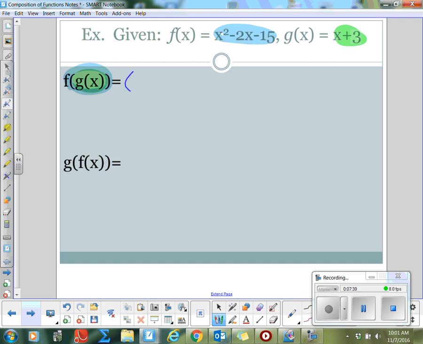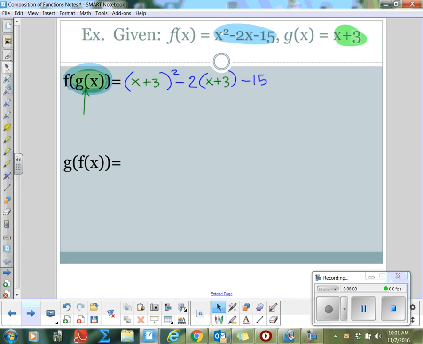F of x says to take an input and square it, subtract 2 times the same input and subtract 15. The input is the other function. That's the function that we are embedding. That's the function inside on the notation there.